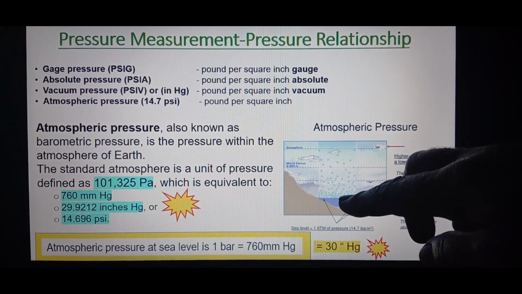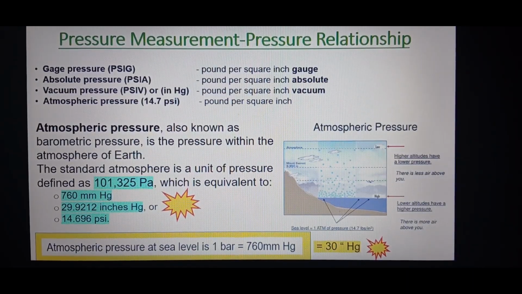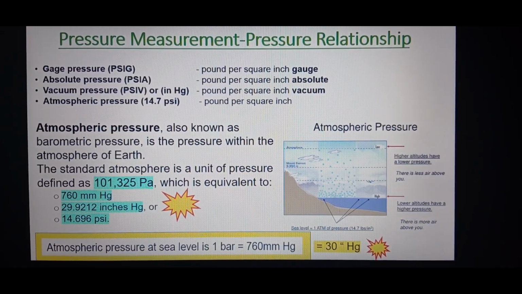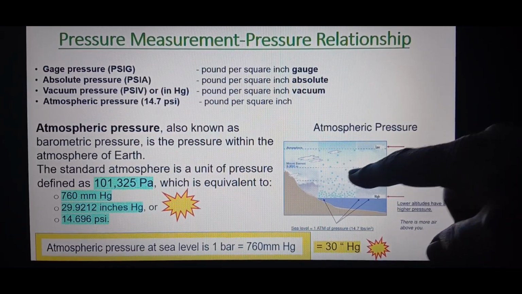The higher you go, the less compressed it is. And that is also why mountain climbers, when they go much higher, like Mount Everest, they only get 1/4 of the amount of air that is down below here at sea level. And that's why they struggle to breathe, because there's less air up there.